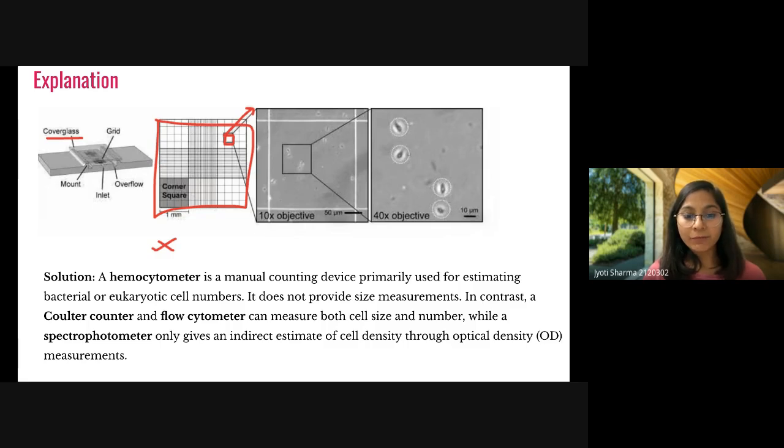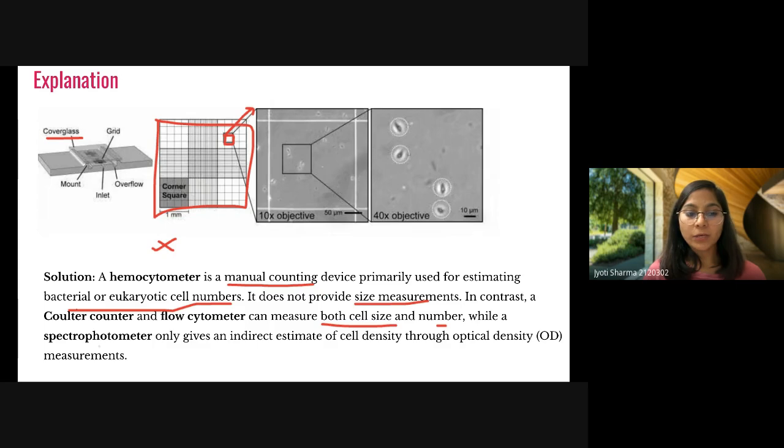So this is the manual counting device. The hemocytometer is a manual counting device for estimating bacterial and eukaryotic cell numbers, and it doesn't provide size measurement. But the Coulter counter and the flow cytometer can both measure size and number.